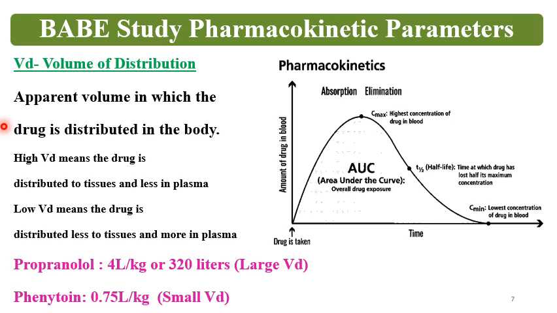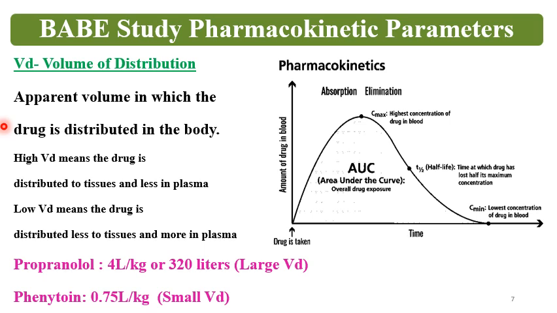Here we should understand that drugs which are more lipophilic in nature will have higher affinity towards binding to the fatty tissues or distribution into the tissues, and drugs which are hydrophilic in nature will have less affinity for binding. These hydrophilic drugs will be available more in the plasma and that's why they will have small VD.